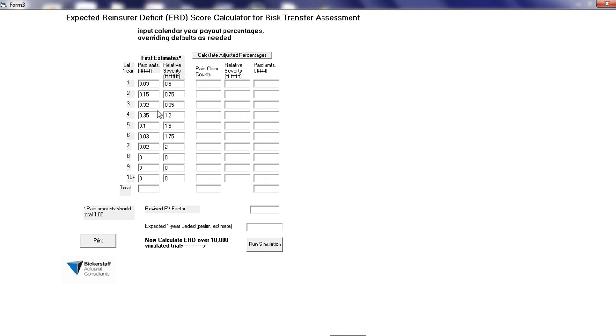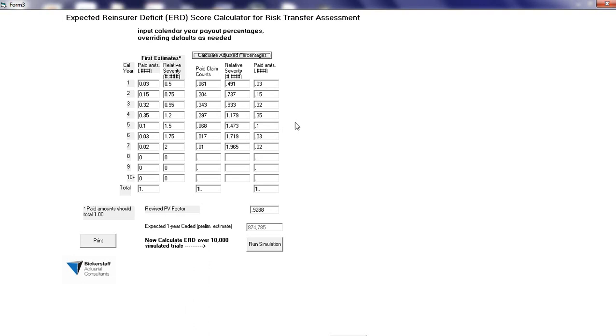So that being a preliminary estimate of the relative severity, we then fine-tune those numbers over here so that everything is in balance, so that the sum of paid claim count distribution and the relative severity, the product of those two, equals the paid amount distribution, which more than likely was used in the original actuarial report to come up with the present value discount in the first place. So these are the factors used in the ERD calculation.